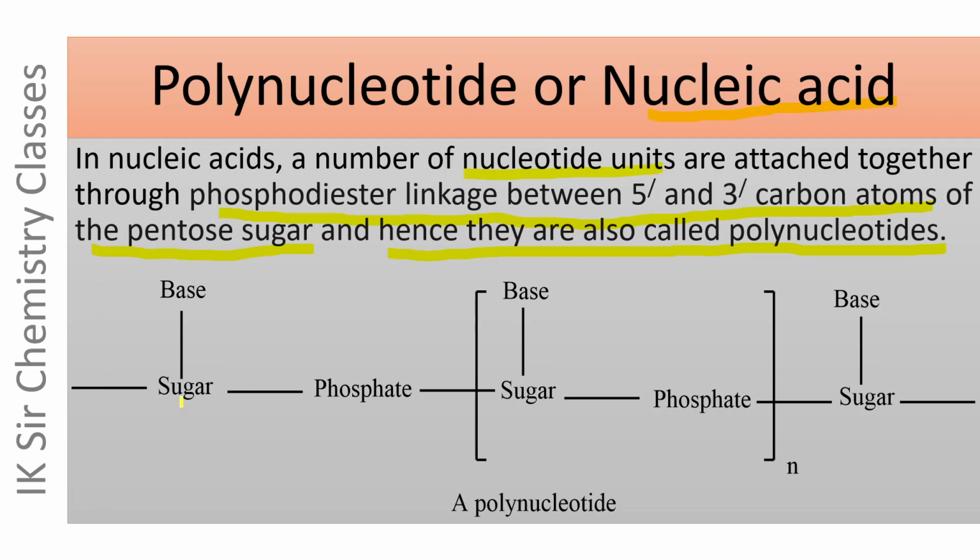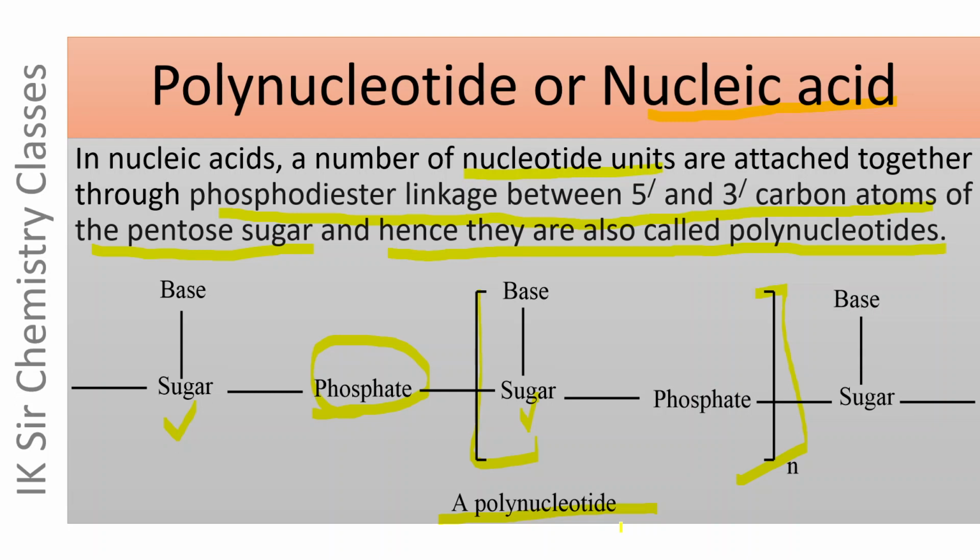Sugar is attached to base at 1' position. This is another sugar having nucleobase at 1' position, and these two sugars are attached together at 3' and 5' carbon atoms by phosphodiester linkage. This group is repeated several times in the nucleic acid molecule and it is a polynucleotide.